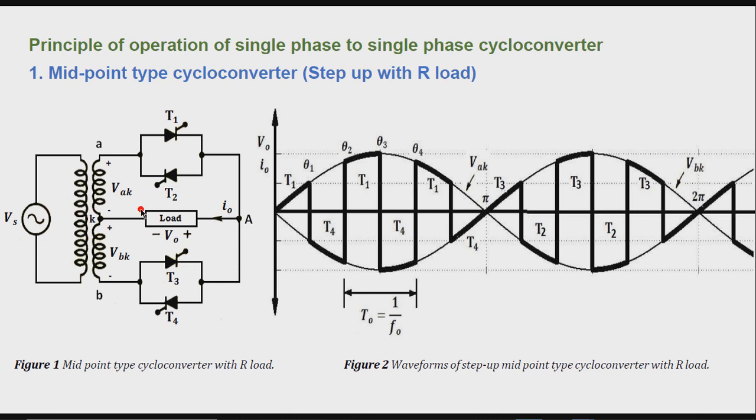So the current in the circuit flows in this direction, and the load voltage is positive and follows the supply voltage envelope. At the instant omega t equal to theta 1, T1 is force commutated and the forward biased thyristor T4 is triggered, so that the load voltage is negative.